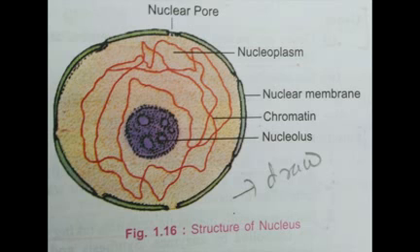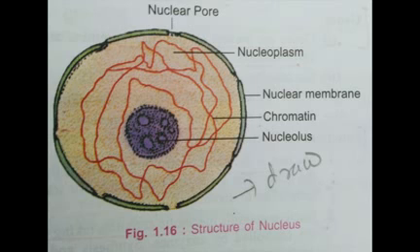It is rich in protein and RNA, and is concerned with the formation of ribosomes and helps in protein synthesis. About chromatin material, I have already discussed at the beginning of this nucleus portion. So next we will discuss what chromosomes are.